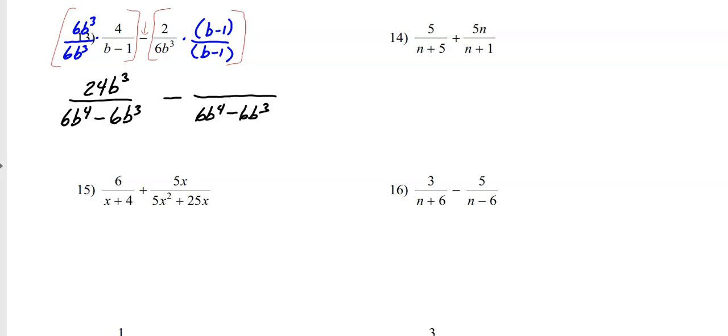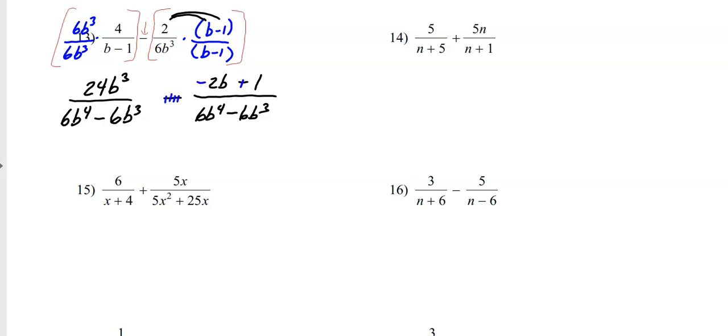And on top over here, when I distribute the 2, I'm going to have 2b minus 1. So 2b minus 1. Now I have to distribute the negative. So when I distribute this negative through, it's really going to change to that. So now I can ignore this negative.